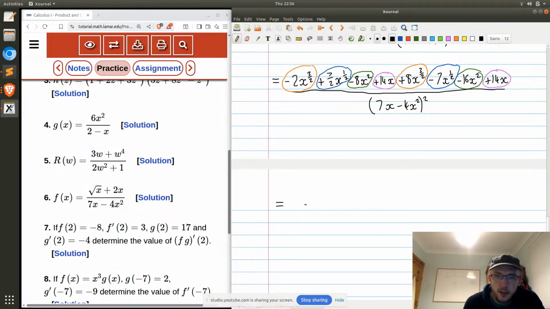So minus 24x squared. That's going to be first. Then 3 over 2. Then 1. Then a half. Okay? So plus 6.